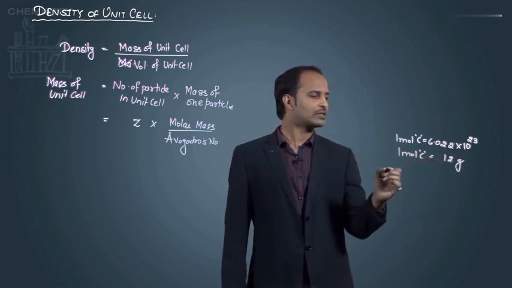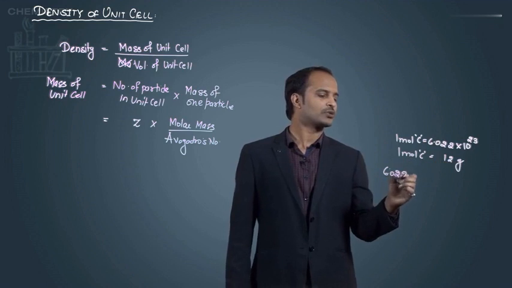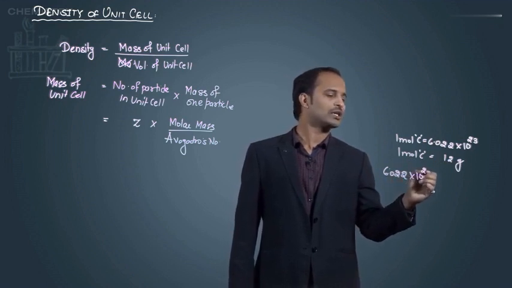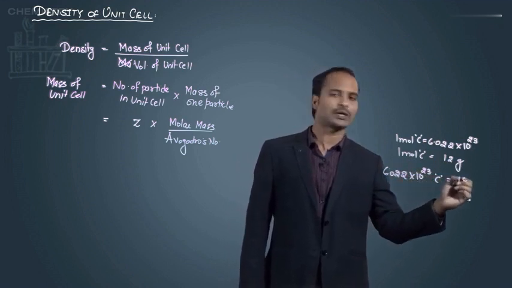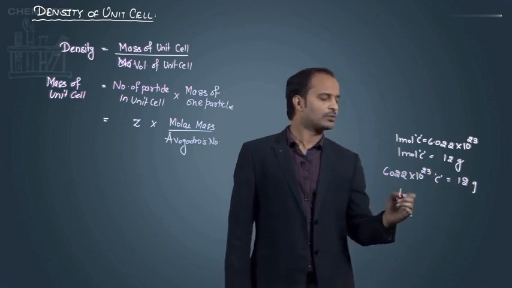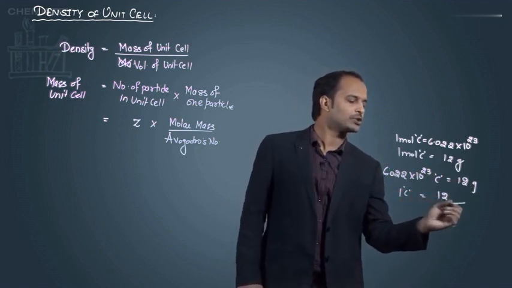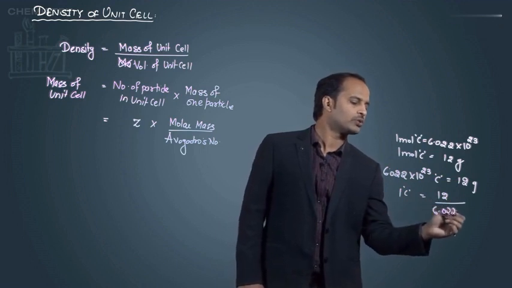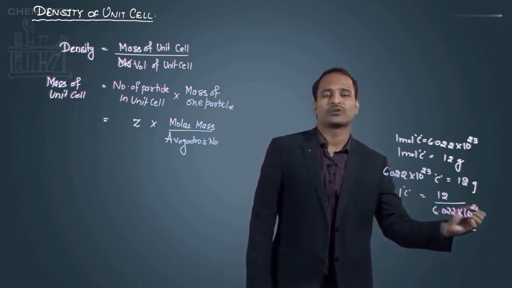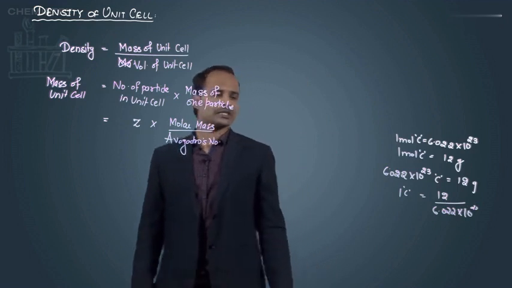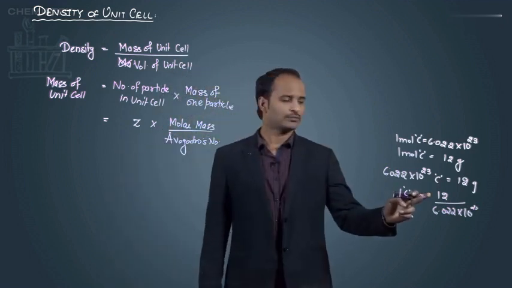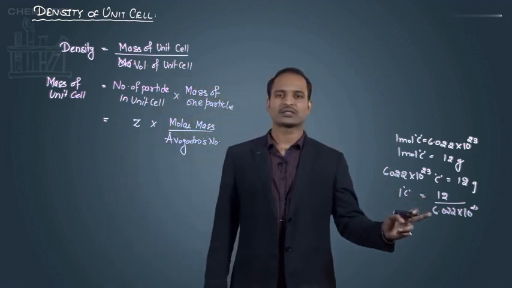So the mass of 6.022 into 10 raised to 23 carbon atoms is equal to 12 gram. So what will be the mass of one carbon atom? It is 12 upon 6.022 into 10 raised to 23. Here 12 is the atomic mass of carbon, and this is the Avogadro number.